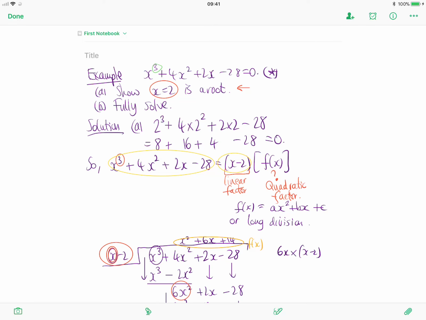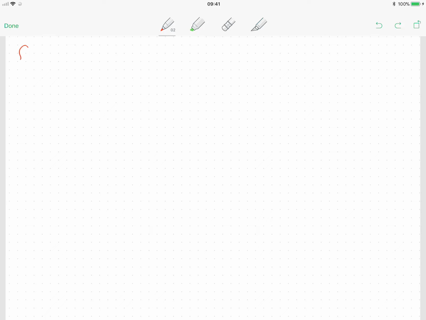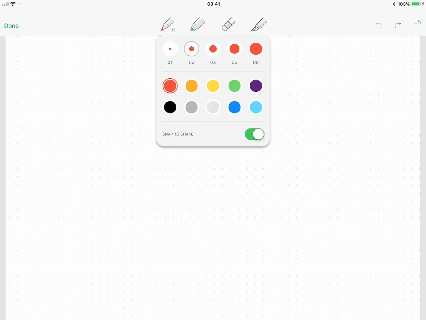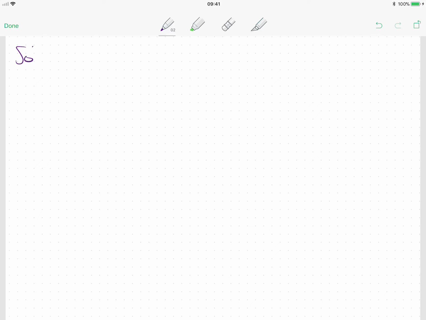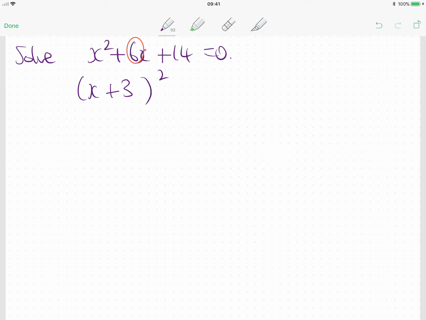So let's do that. So we need to solve this equation. So pick your favorite methods. You can use the formula or complete the square. I think I'm going to complete the square. So I need to look at what sits in front of x and half it. That's 3.